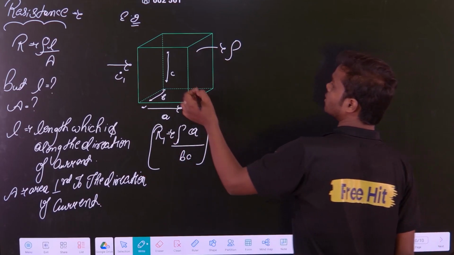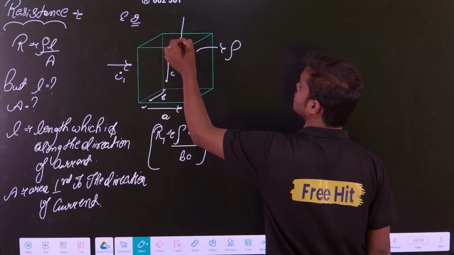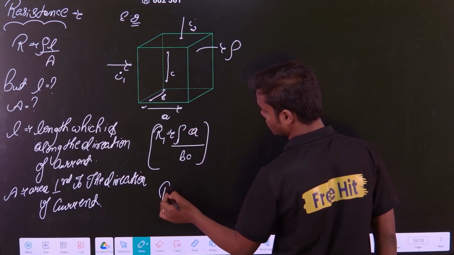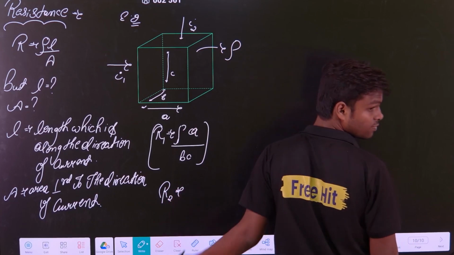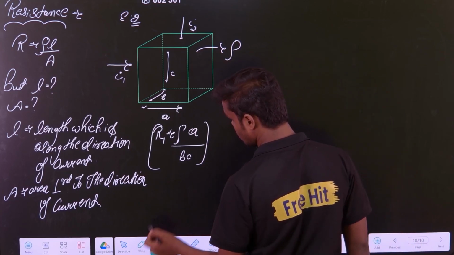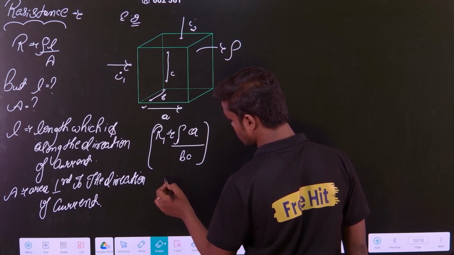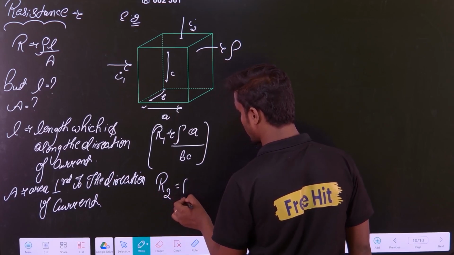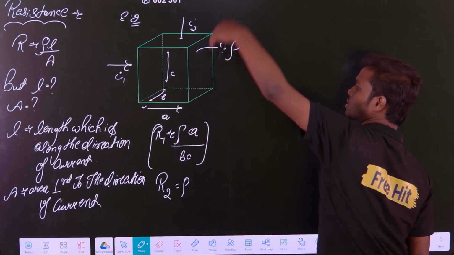Now suppose the current is going like this, I2. Then what is my R2? I hope this is visible to you. Let me write properly. R2 equals ρ. Now tell me, what is this length?